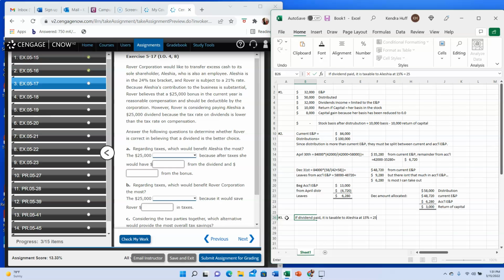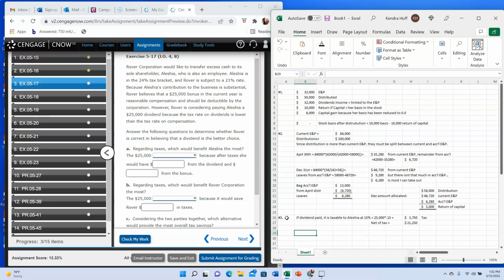So it would be 25,000 times the 15%. All right, so that's her tax. So the net of tax would be the $25,000 minus $3,750. So she's going to get $21,250.